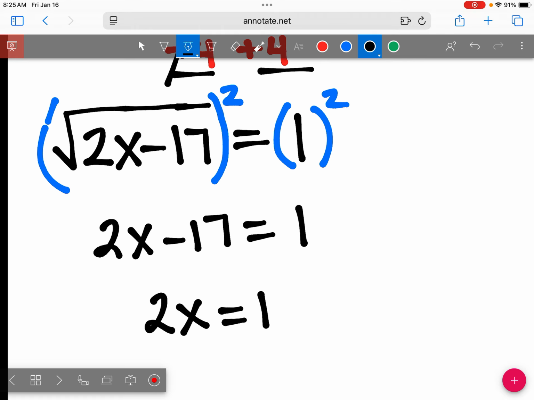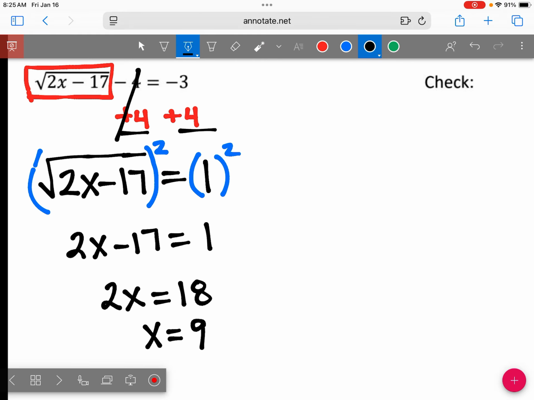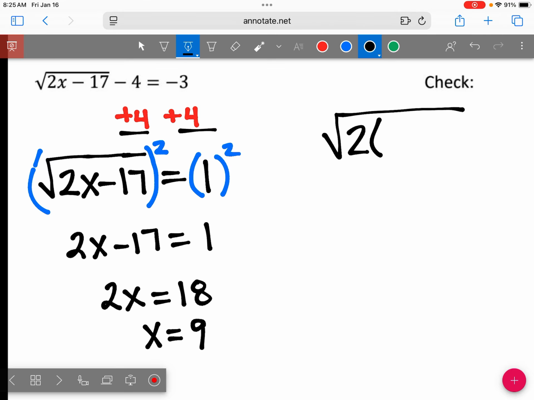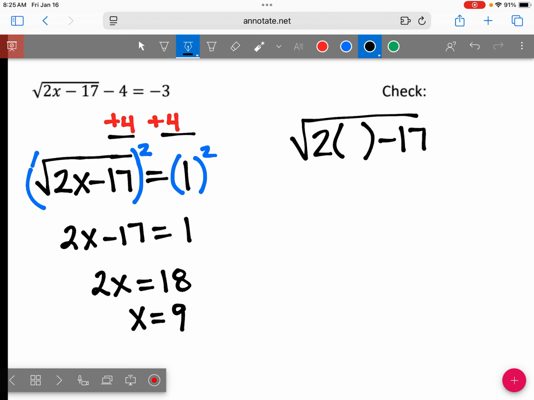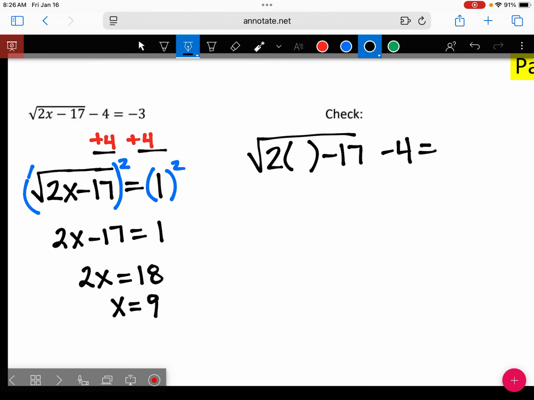And then we divide by 2. We get 9. All right, let's make sure the answer is 9 though. So I'm going to go back to my original equation. I'm going to write it. And I'm not going to do anything but make that x parentheses. And now we're going to drop this 9 right here. And we're going to see if it's true.